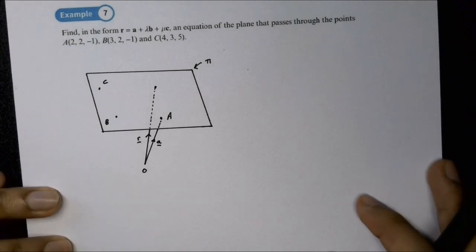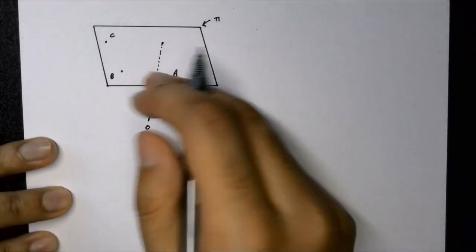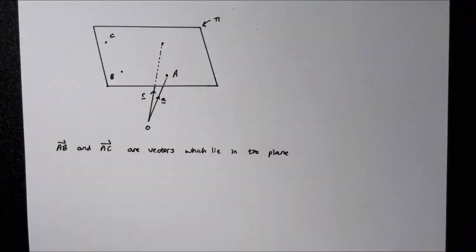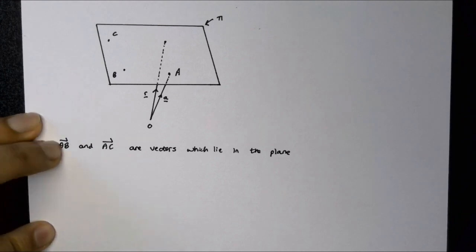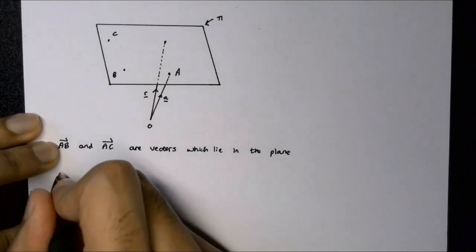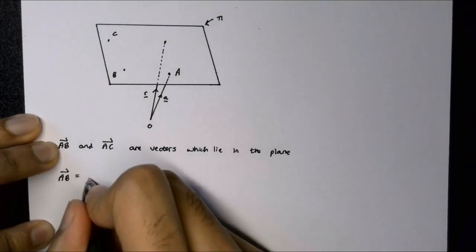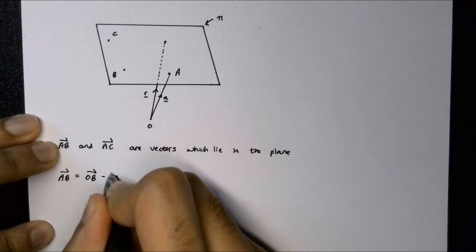So, if we do that, you can see over here, AB and AC are vectors which lie in the plane. So we need to actually work out what those vectors are. So, AB, that's equal to OB minus OA.